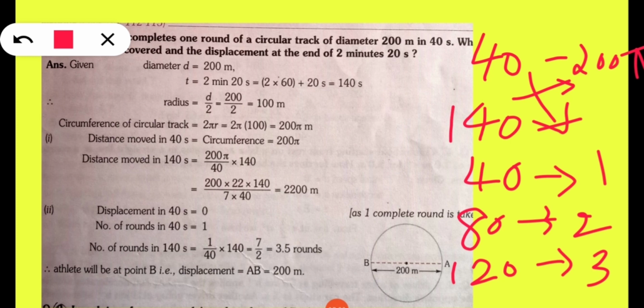It will be only the diameter value, which is 200 meter. So the distance moved after 140 seconds is 2200 meters, and the displacement is nothing but the value of the diameter, which is the shortest distance, and that is 200 meter.